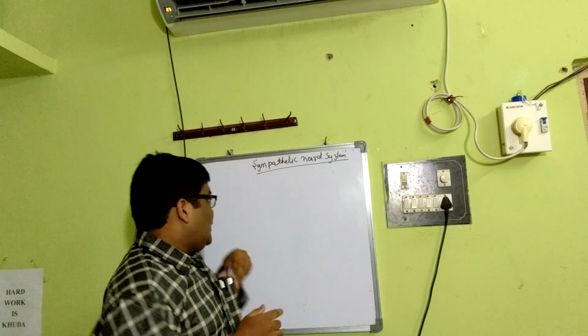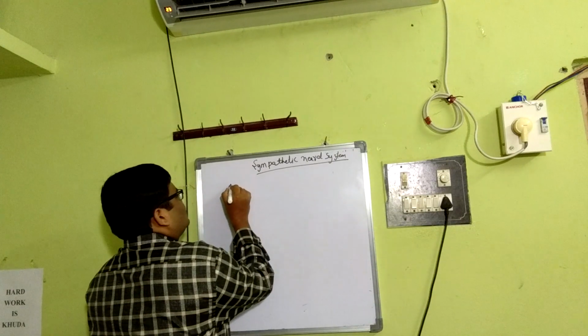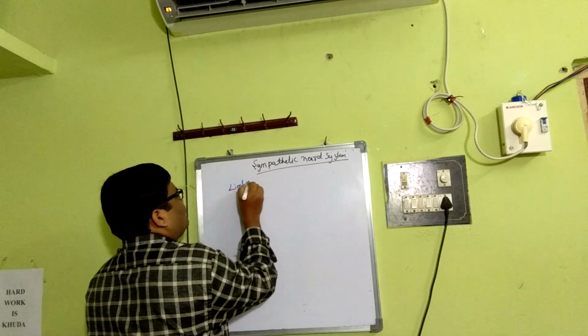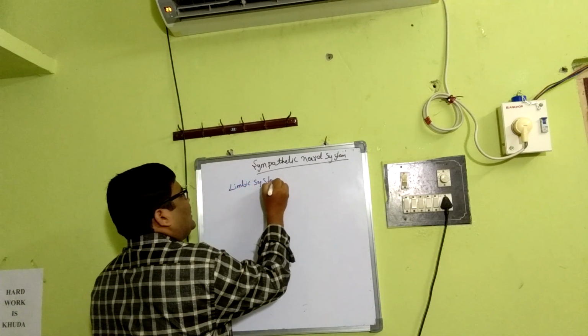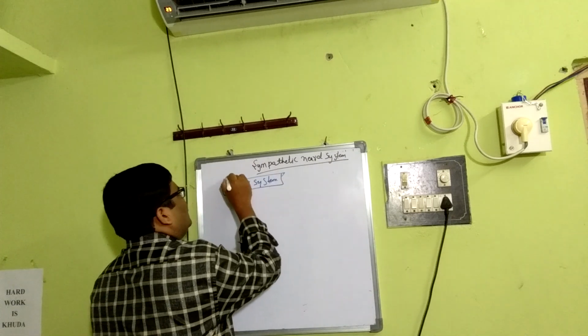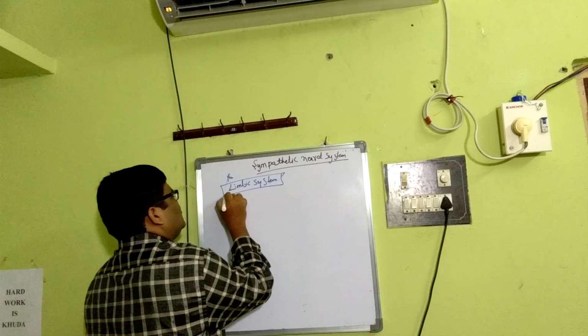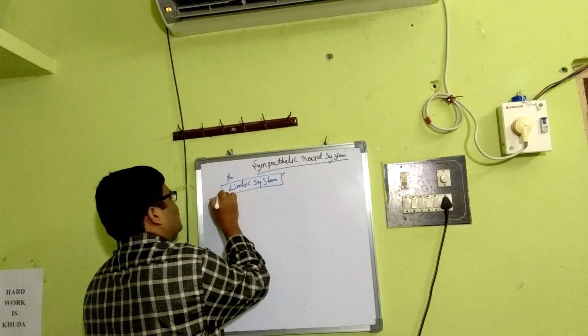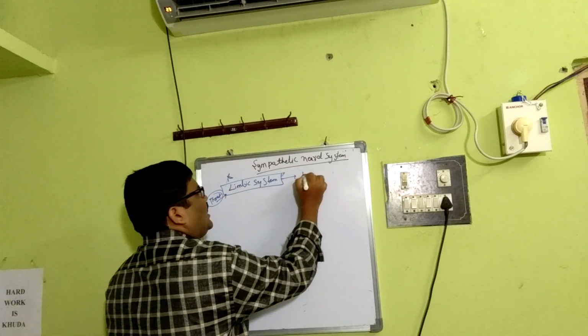So for understanding, we will be discussing like this. First, the limbic system will get activated because of threat perception. Then it will stimulate the hypothalamus.